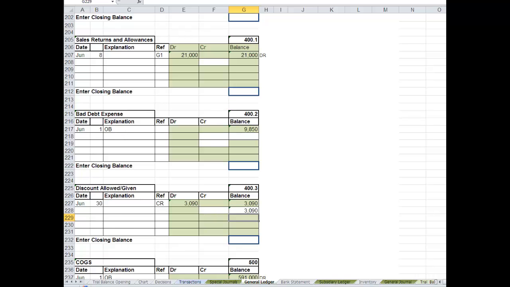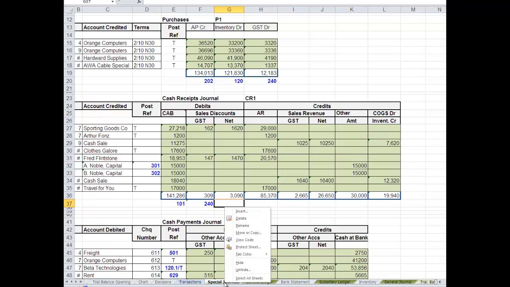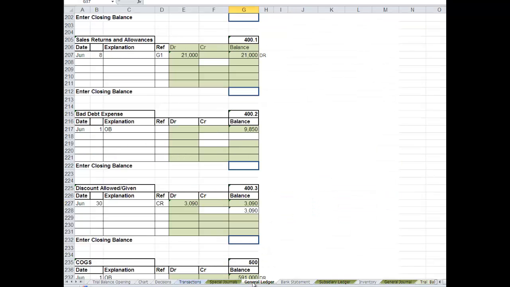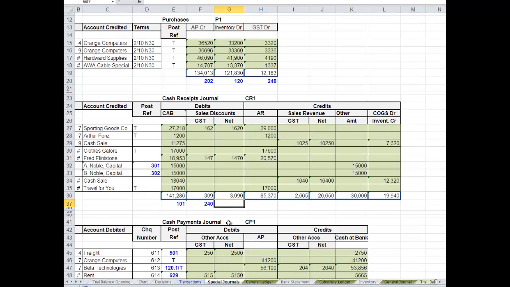We're going to see there, righto, special journals. What number was that? 400.3. Accounts receivable, 85,300.